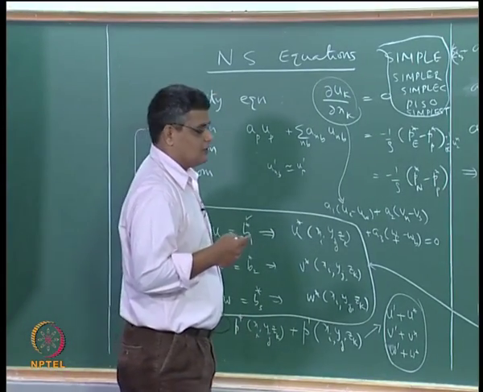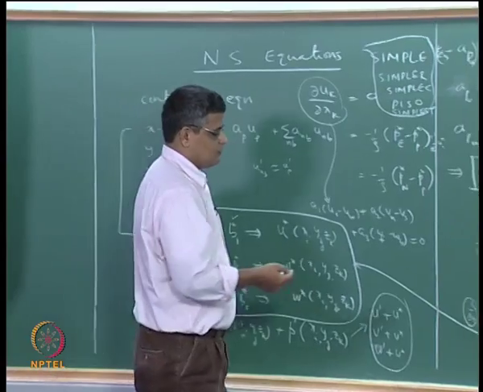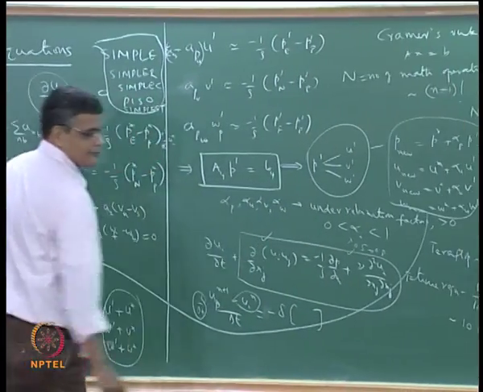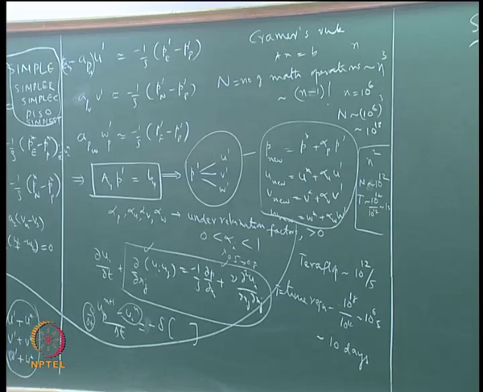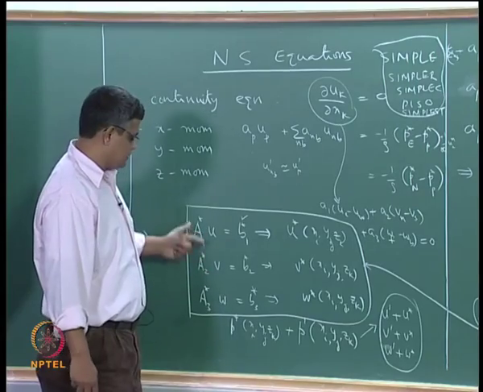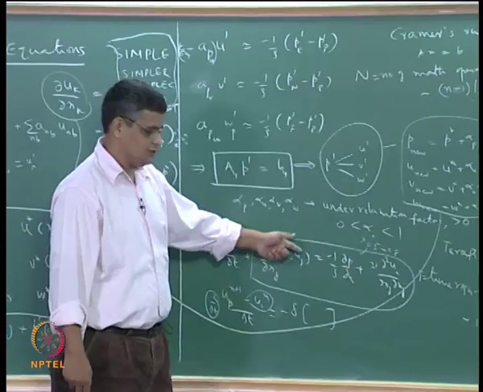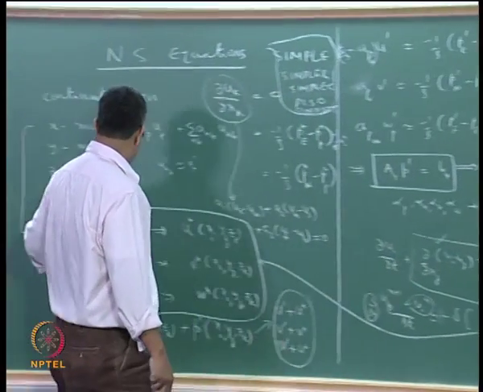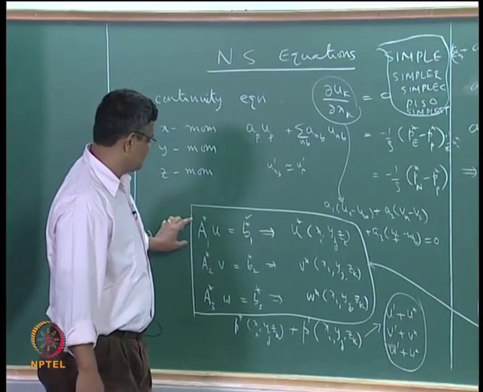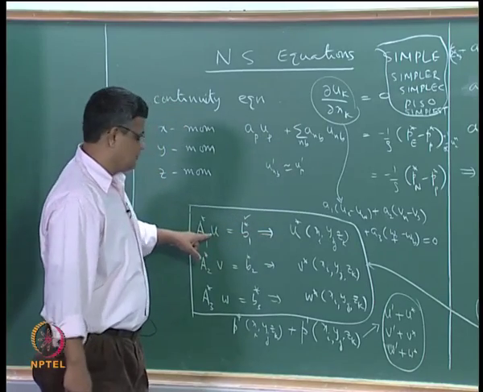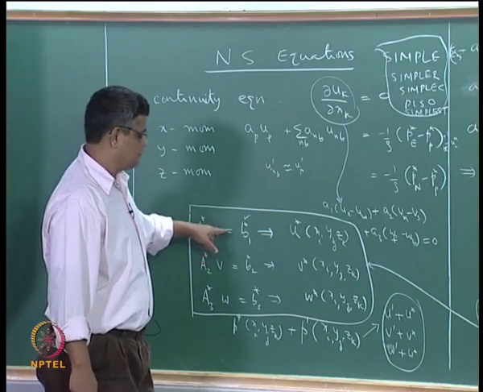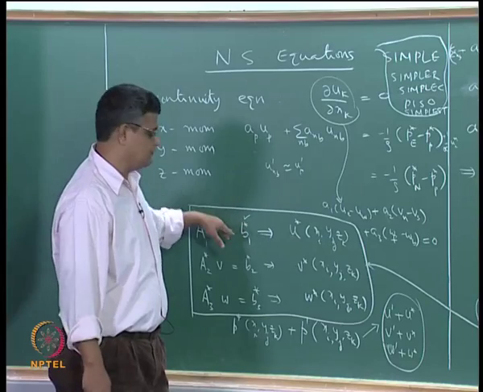first of all nonlinear coefficients. For example, we will have dou by dou x of u square, and it will also give rise to undetermined variable coefficients from iteration to iteration, because when you have dou by dou y of uv, which appears in the x momentum equation, the discretization for u here will have an assumed value of v.